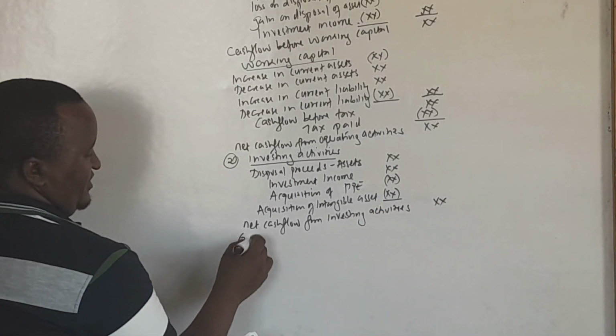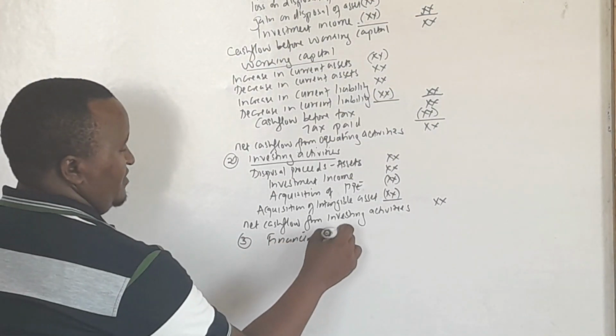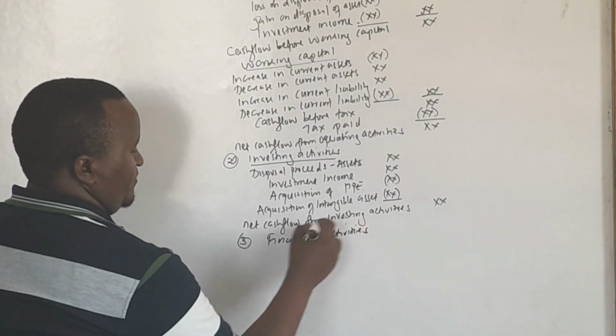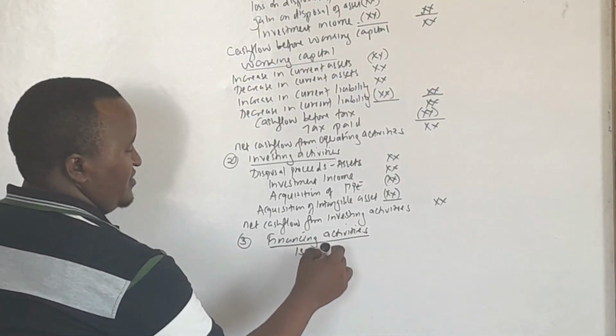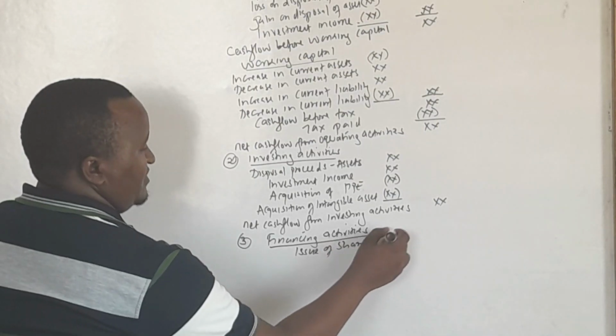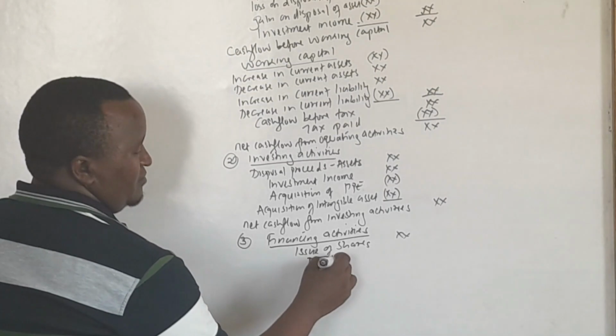And number three is financing activities. You have the issue of shares, any cash you receive from the issue of shares. Dividend paid.